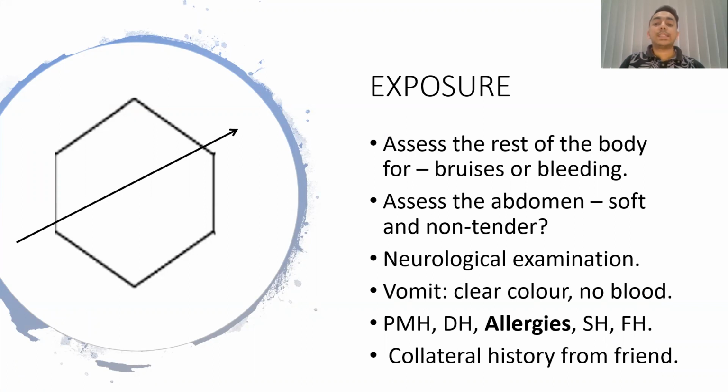You then assess the abdomen and check if there are no signs of bruising or bleeding or any trauma to the abdomen, and check if the abdomen is soft and non-tender.